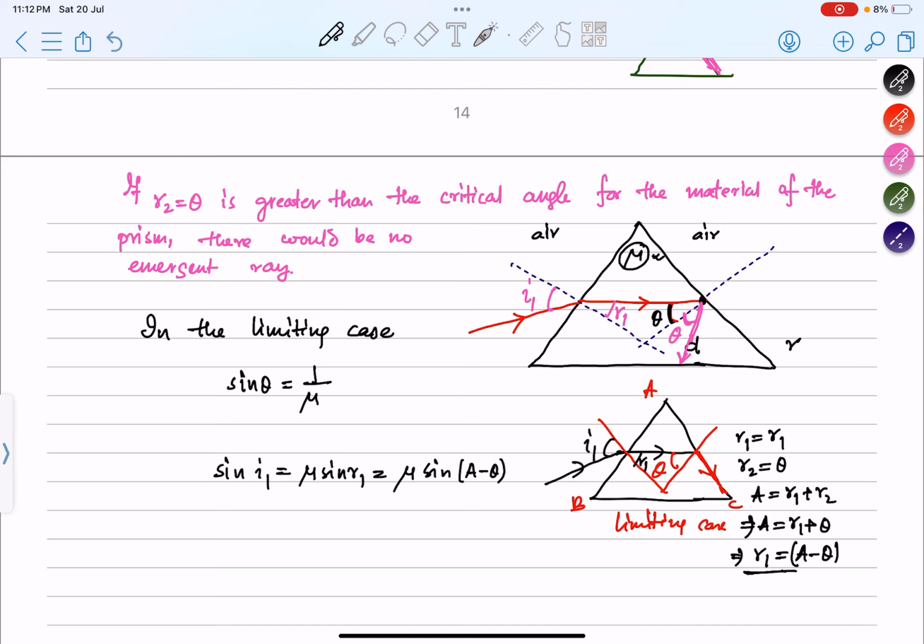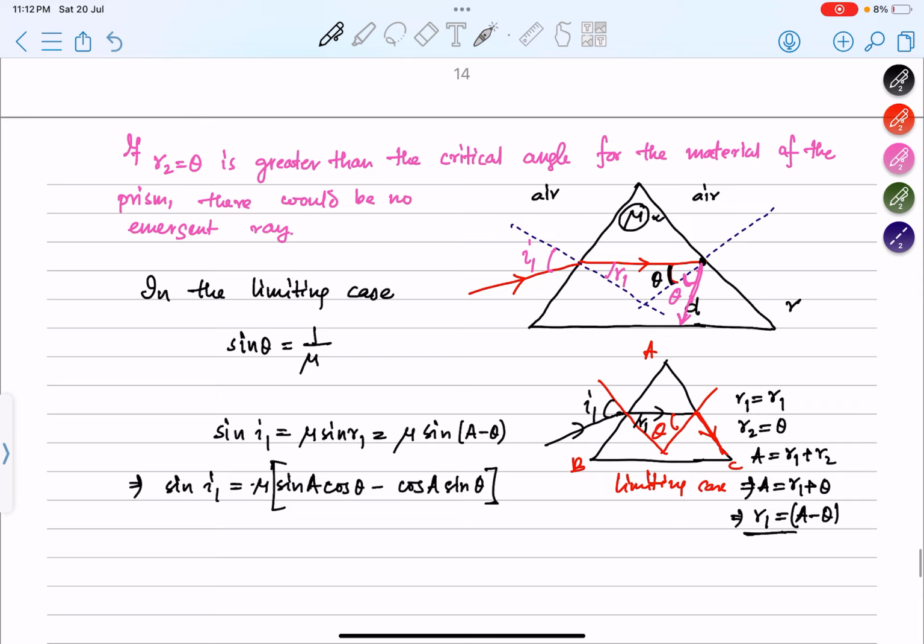Clear? So if we expand this, sine I1 equals mu sine A cos theta minus cos A sine theta.